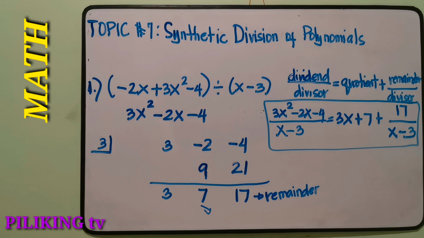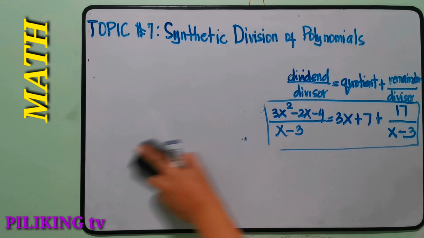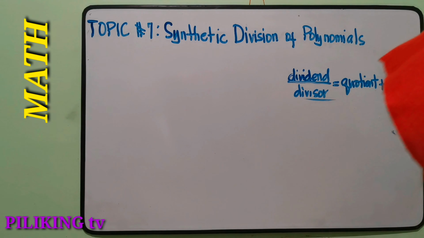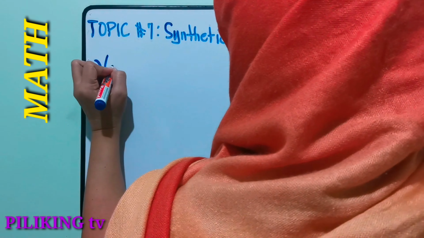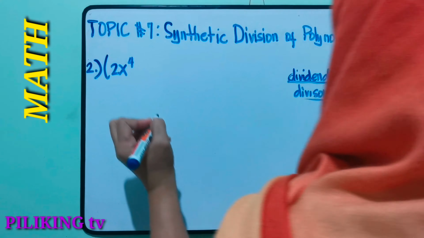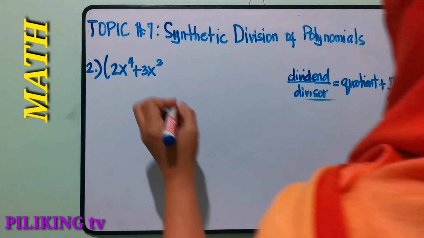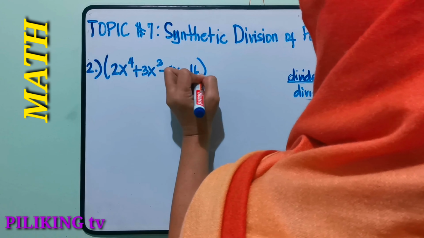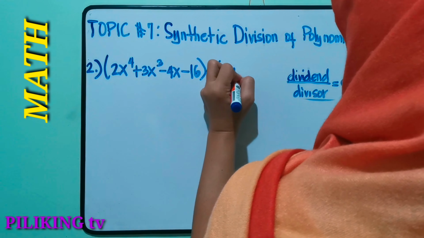Next, for our example number 2, we have the quantity of 2x raised to the 4th power plus 3x cubed minus 4x minus 16 divided by x plus 2.